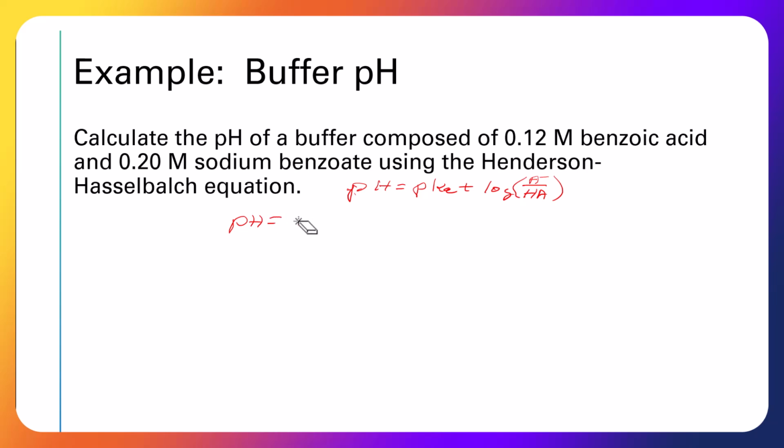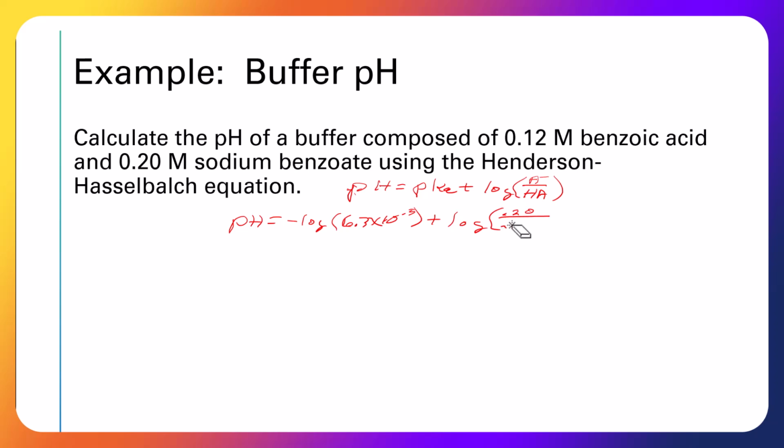pH is equal to the negative log of the Ka, which is 6.3 times 10 to the minus 5, plus the log of base, and the base was 0.20 molar.